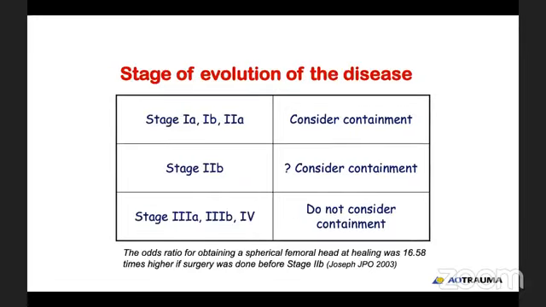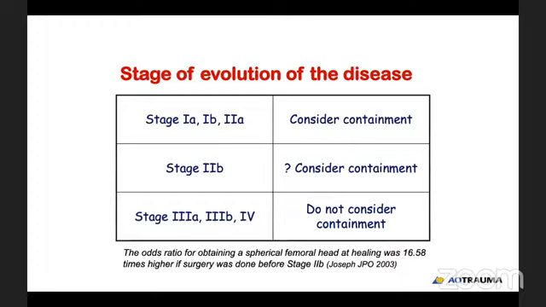The next crucial factor in the decision-making process, as we said, one of the most important ones, is the stage of the disease. And I've already said this to you before. This is where the landmark work from Benjamin Joseph in Manipal showed that if you cross stage 2A, that means you go into stage 2B, 3, and 4, these are children you should not contain at all, because you have basically missed the bus. Whatever you do at a later stage, the result is never going to be good.